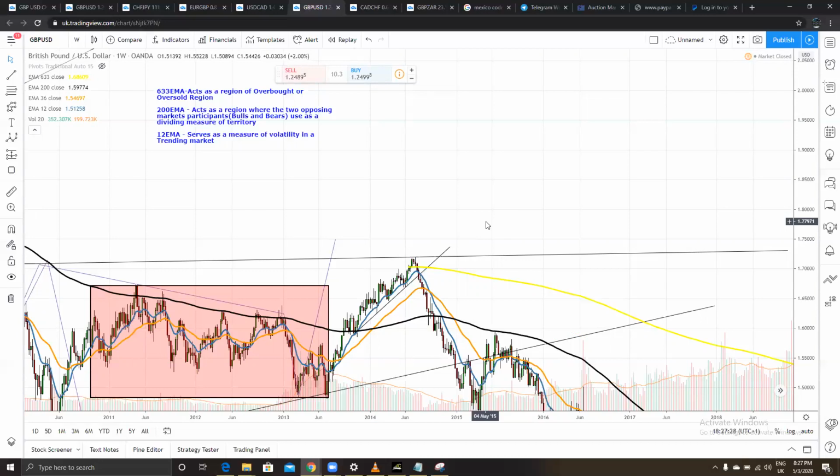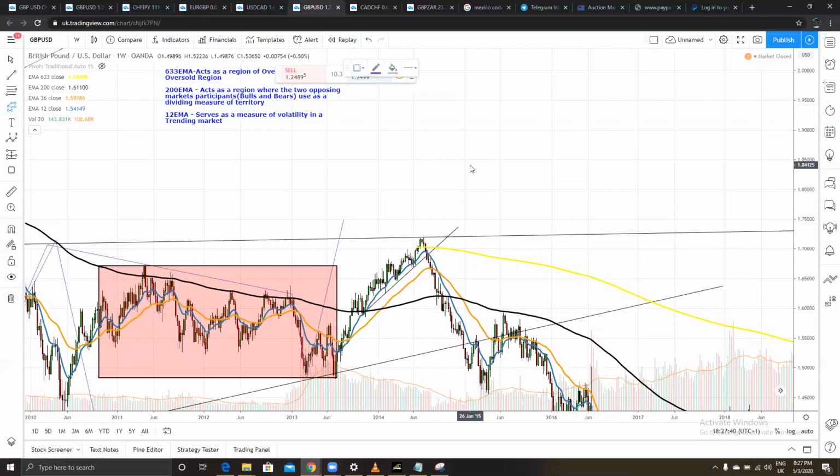But we use the 36 EMA now as a guidance to look for whether we can find a retracement, such that the 36 EMA will be doing the function of the area where we're going to be looking for a retracement before we continue going in the direction where the trend was before. So that is the function of the 36 EMA, and I'll be able to demonstrate that for you.